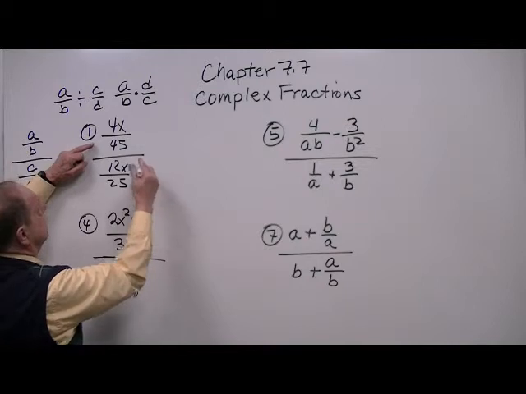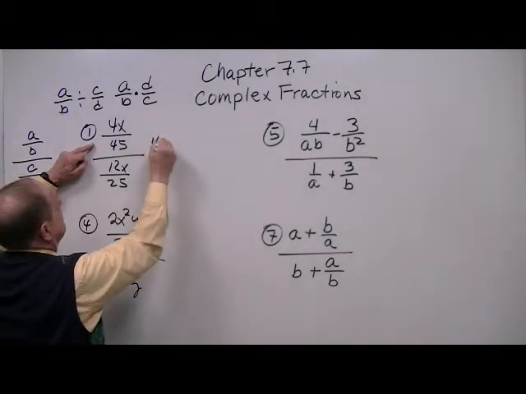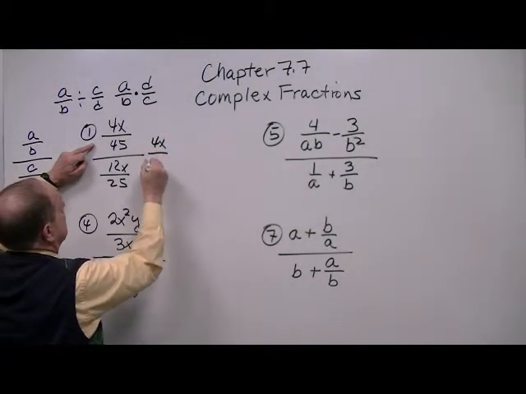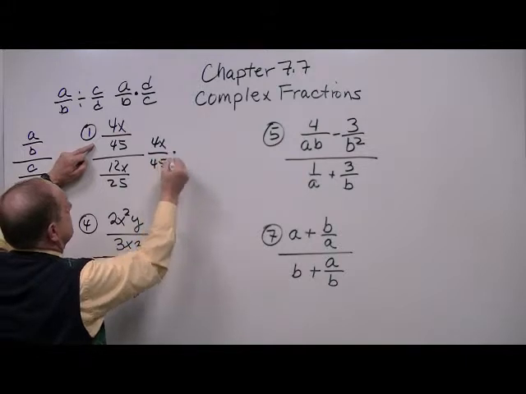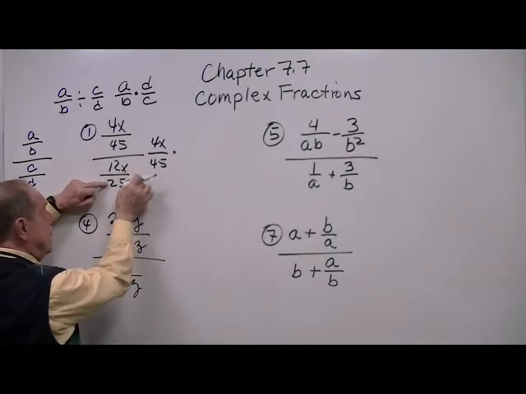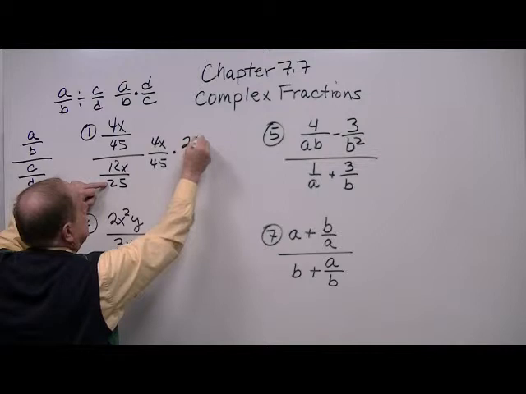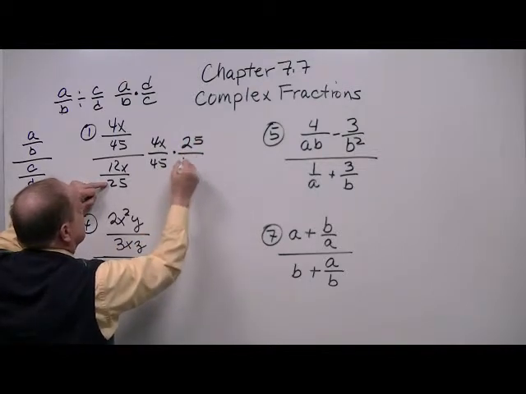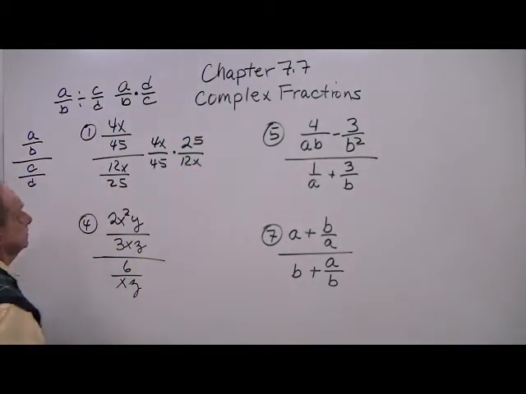So basically, rewriting this is going to be 4x over 45 times, flip the bottom, 25 over 12x.